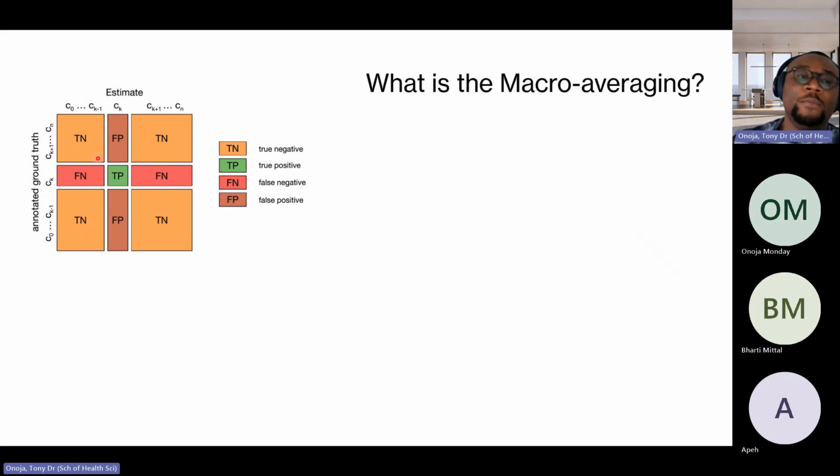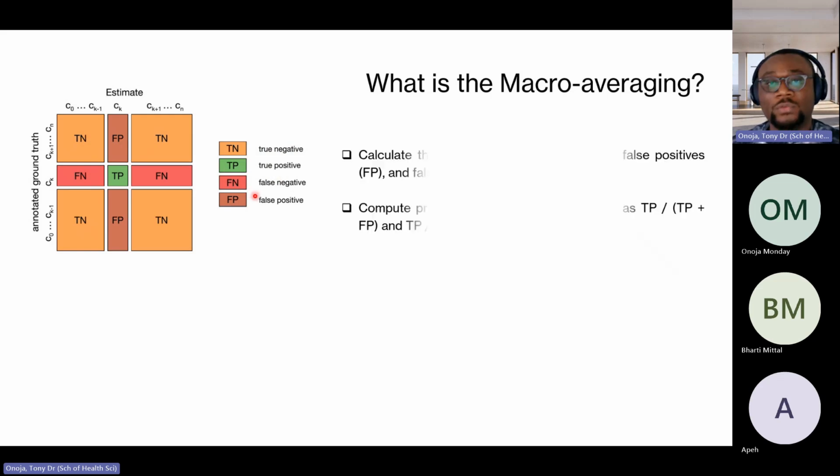The ground truths are here. But anyway, irrespective of where you put them, you're going to have the true positive, the false positive, the true negative, and so on and so forth. Now we say TN is the true negative, TP the true positive, and so on and so forth.